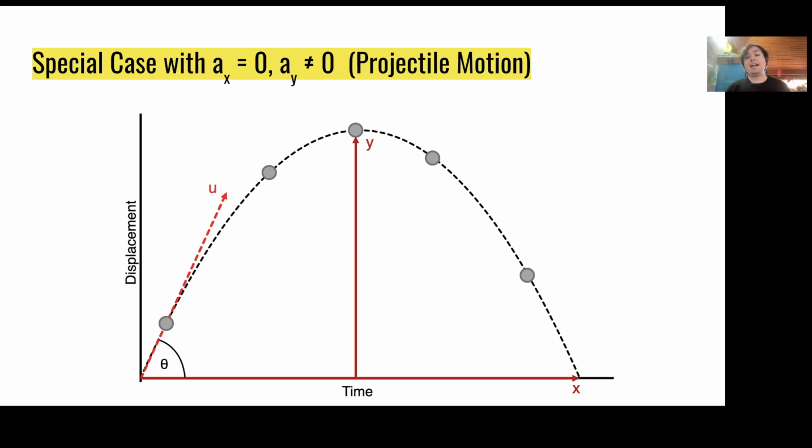By adding that extra component in the x direction, you'll see that the object will create an arc, a projectile-like motion, taking the form of a parabola. The special case requires that you have an acceleration of 0 in the x direction and a non-zero acceleration in the y direction.